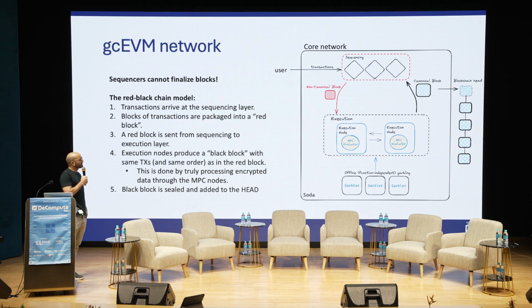The reason is that sequencers cannot make blocks final. If they tried to make blocks final, it would mean that when they validate a transaction, they need to actually execute it. And in order to execute it, if it has some secret information in it, they need to call an MPC.